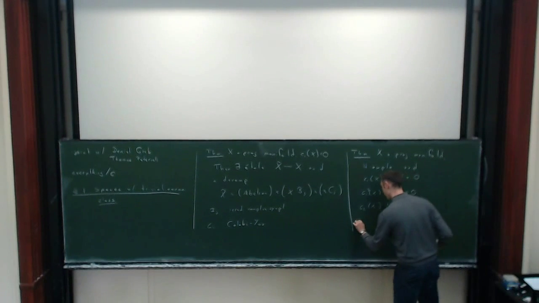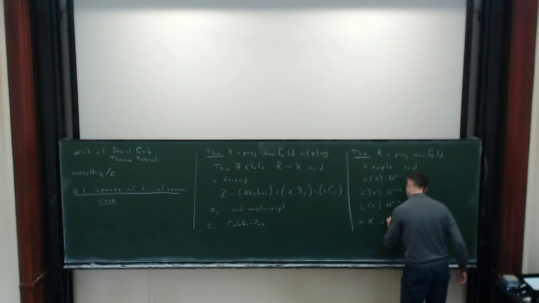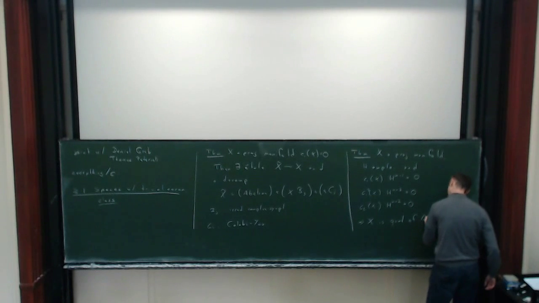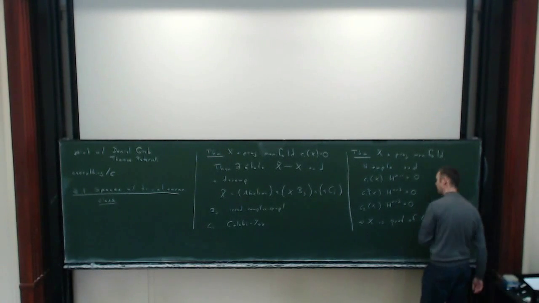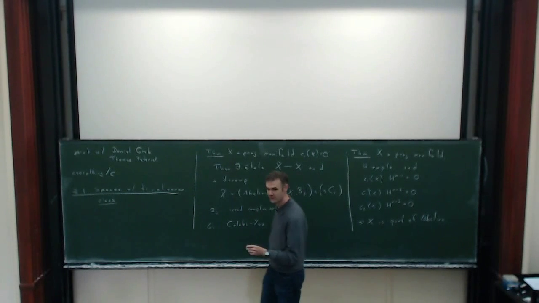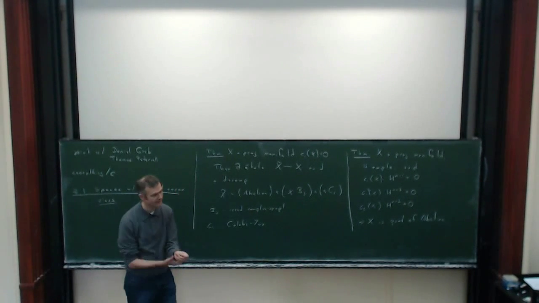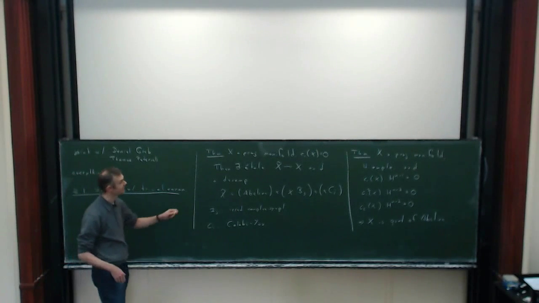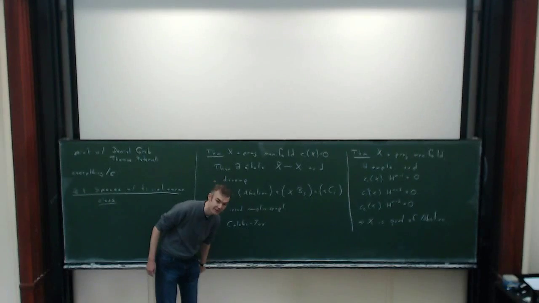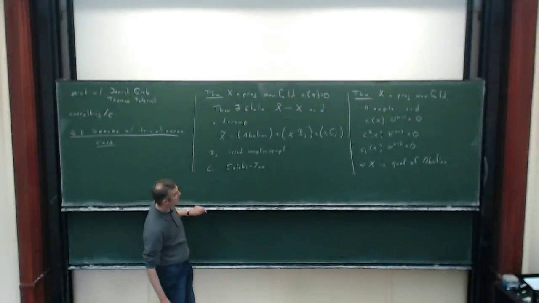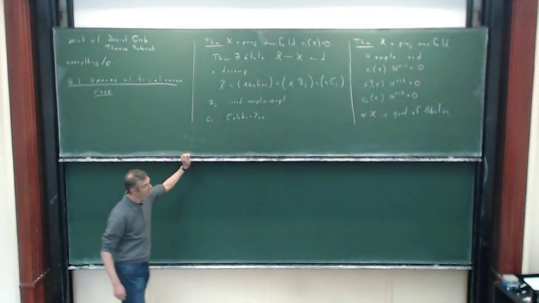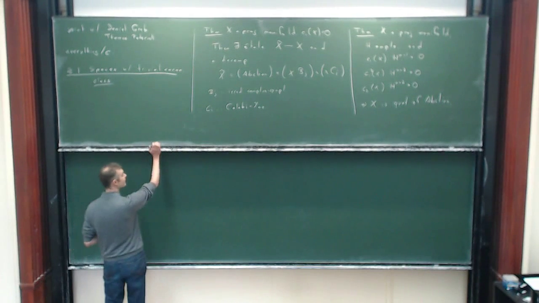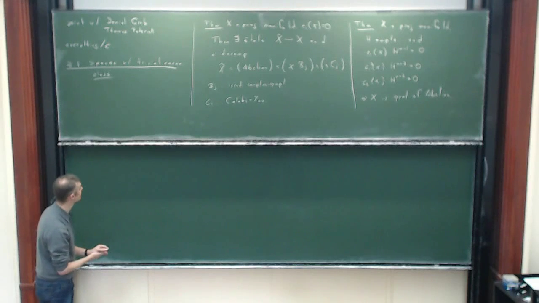Then X is a quotient of abelian. These are two very fundamental results, and what I would like to do is generalize them to the setting where X has singularities as they appear in the minimum model program. And let me give the results right away and then discuss why I think that could be of any significance.